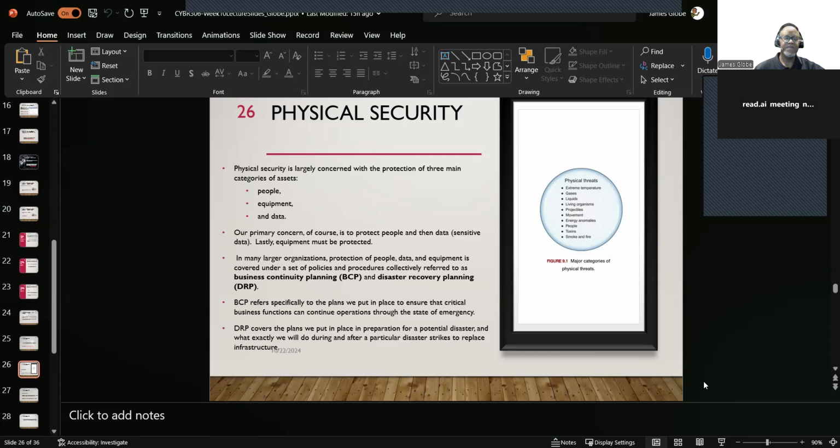So your BCP guarantees some form of continued operations. The DRP covers the plans we put in place in preparation for a potential disaster and what exactly we will do during the disaster and after, to replace infrastructure. So your DRP is a part of your BCP, not the other way around.